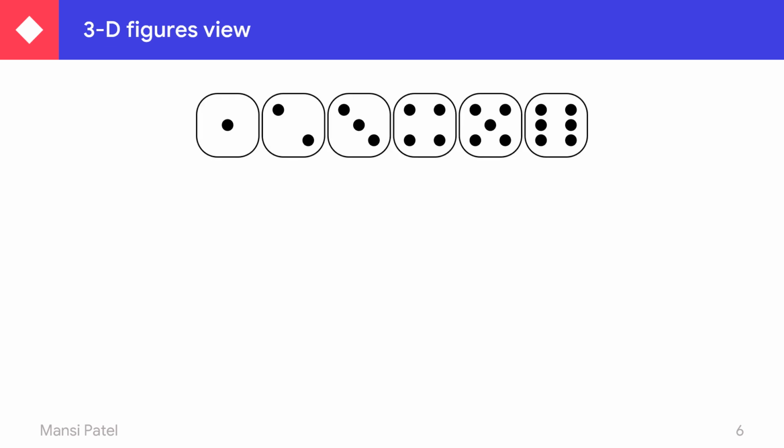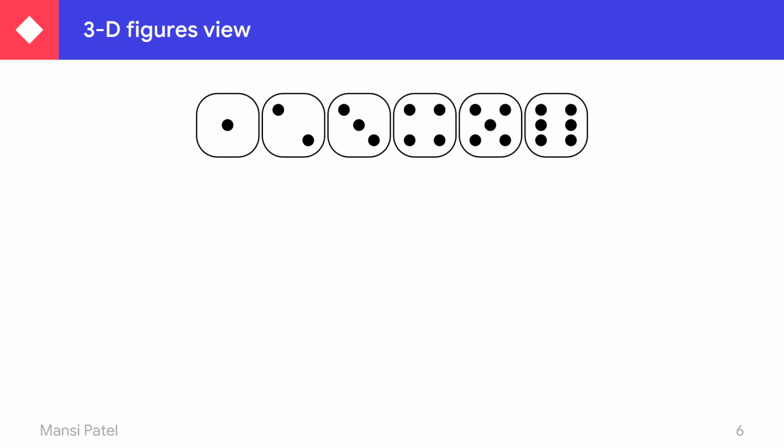Let us see the different views of 3D figures. When we view 3D figures, they look different from angle to angle, and also from position to position. See here, I am giving one picture of a dice.